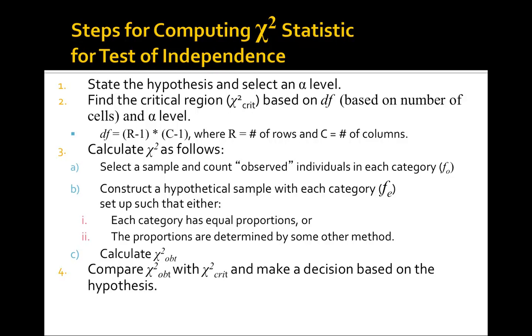And we construct a hypothetical sample with each category. That gives us our expected values. Then we're going to compare the two, calculate chi-squared obtained, and of course compare chi-squared obtained with chi-square critical and make a decision based on the hypotheses.